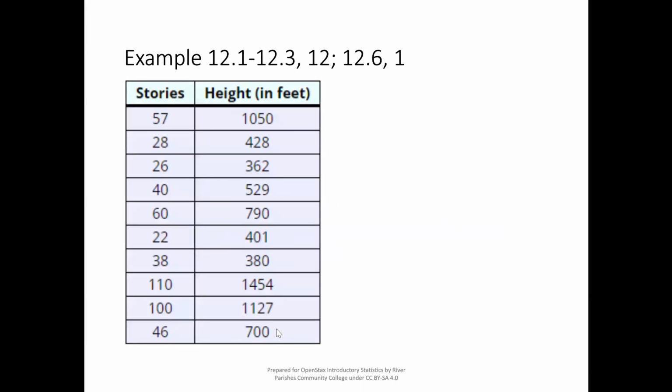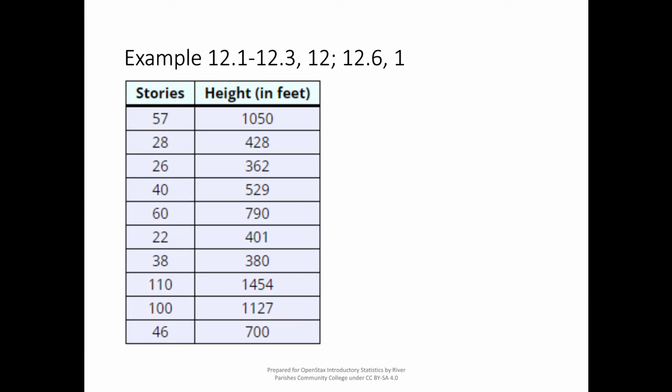All right, so this is a problem that shows up in both homeworks. This is the number of stories in a building and the height. Okay, so we're going to do a couple of different things on this problem.